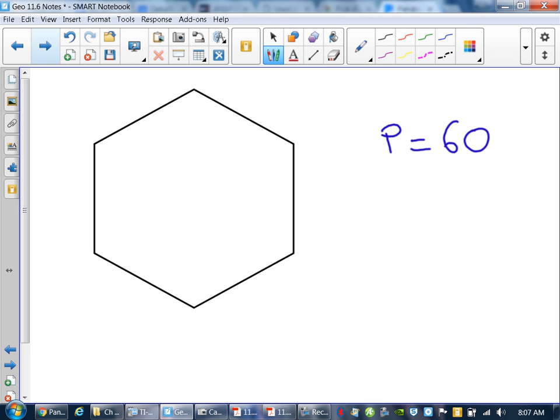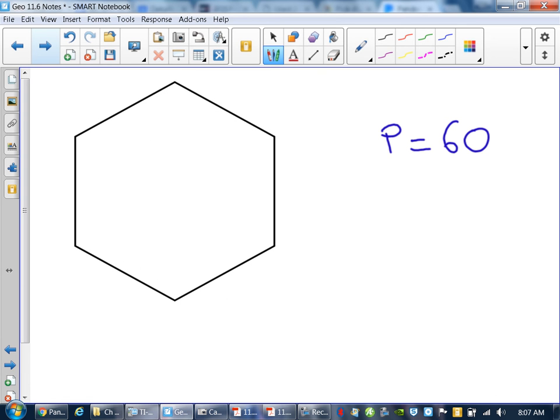All right, so let's try this. We have a hexagon, and I gave you the perimeter of 60. A hexagon means how many sides are there? 6. There's 6 of them. So I'm not even going to bother drawing this.